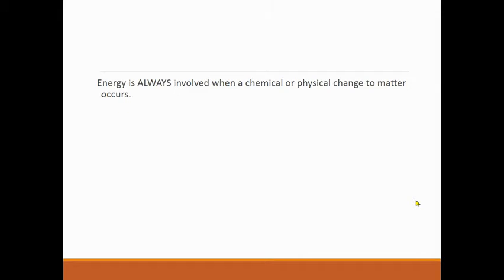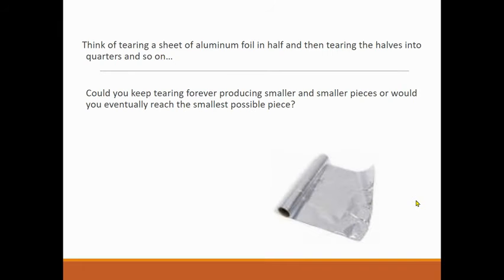Energy is always involved when a chemical or physical change to matter occurs. Think of tearing a sheet of aluminum foil in half, and then tearing the halves into quarters, and so on. Could you keep tearing forever, producing smaller and smaller pieces, or would you eventually reach the smallest possible piece?